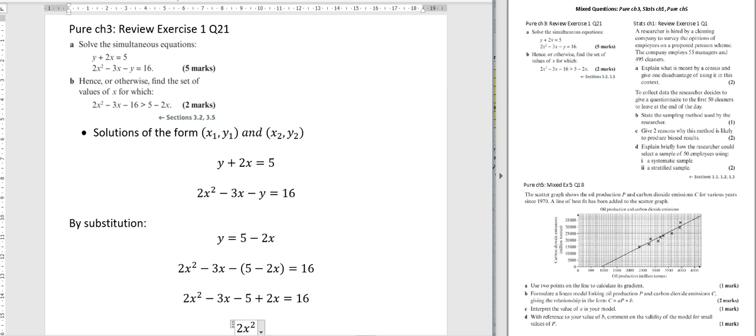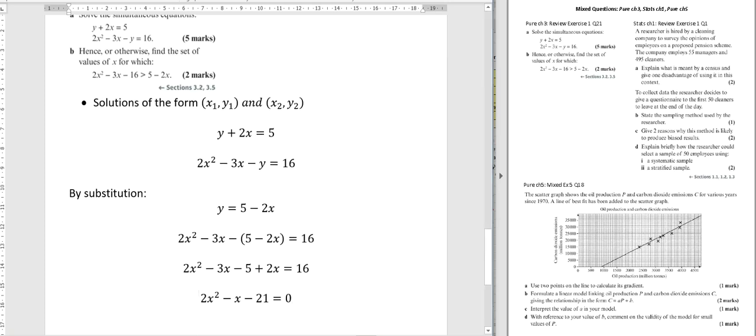By grouping terms, we have 2x squared minus x, and then by moving the 16 onto the left, or equivalently subtracting 16 from both sides, we'll get this quadratic equation, 2x squared minus x minus 21. Now, while I'm talking, I'm also grabbing the calculator to plug in the numbers 2, minus 1, and minus 21 into the quadratic equation solver.